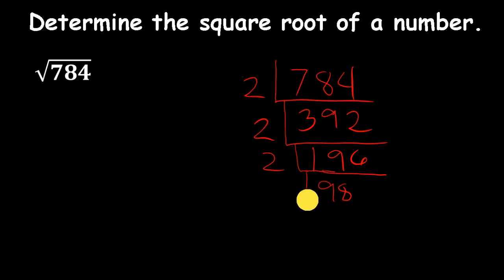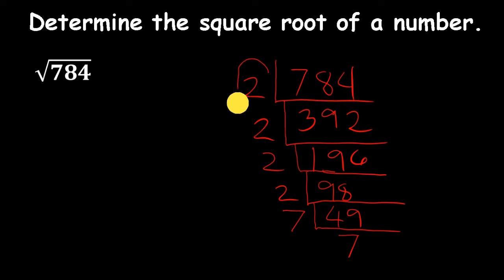Again, let us break this 98 by dividing by 2. 98 divided by 2 is 49. And the number that can divide 49 is 7. So 49 divided by 7 is 7. And 7 is a prime number.